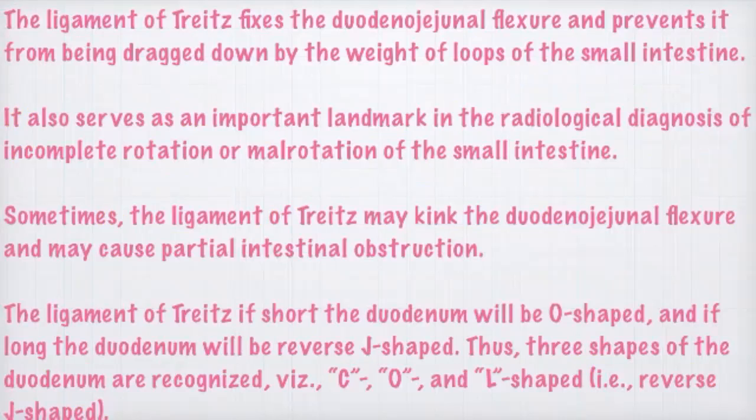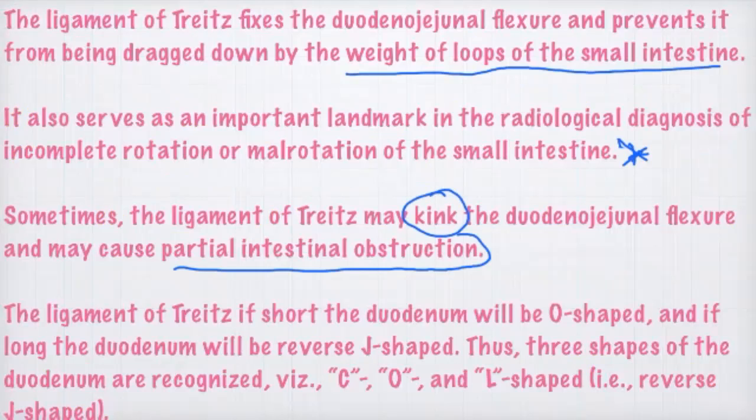If the ligament of Treitz is short, the duodenum will be O-shaped, and if long, the duodenum will be reverse J-shaped. Thus, three shapes of the duodenum are recognized: C-shape, O-shape, and L-shape, that is reverse J-shape, right?